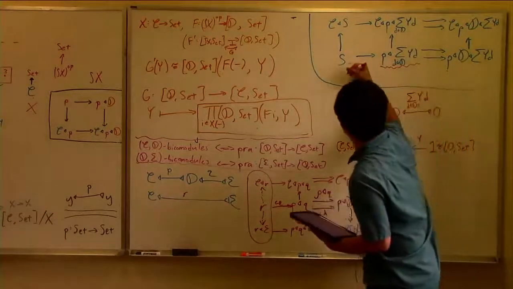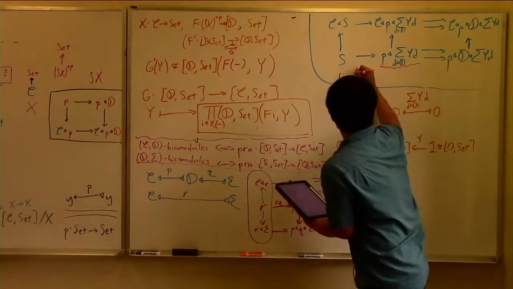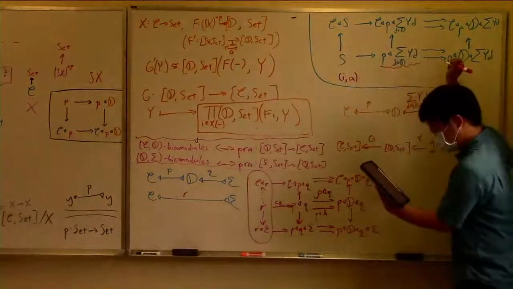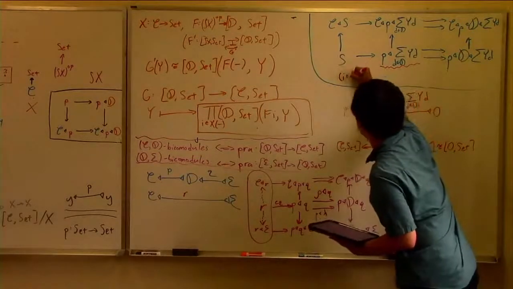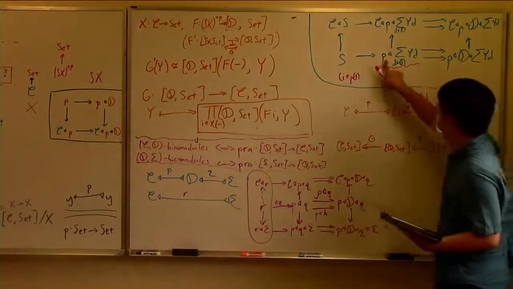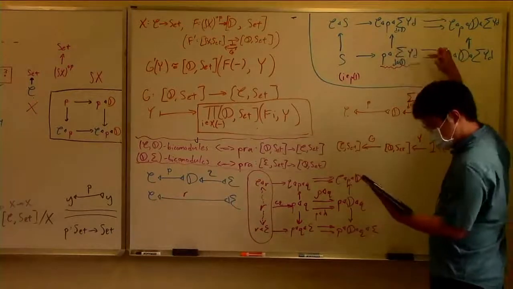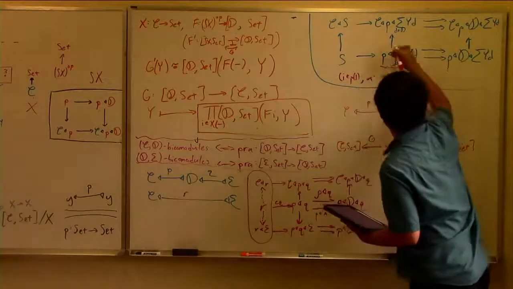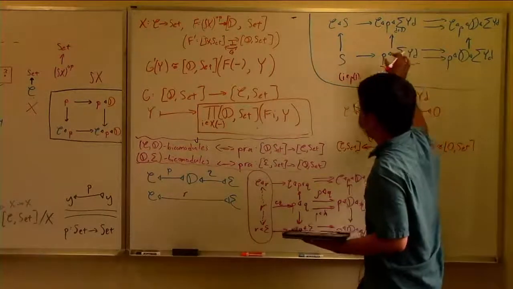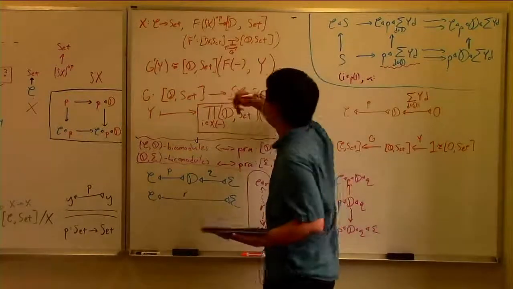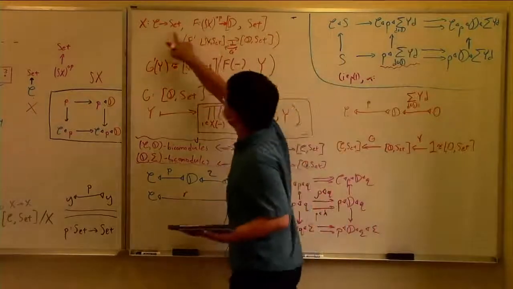Well, an element of this is going to be a pair, we call it I comma alpha, where I is a position of P. We specify a position of P. And then for each direction coming out of P, we specify an element of this. Now, each direction coming out of P, according to our pro-functor perspective here, the directions of P, remember, the positions of P are just the elements of this functor.